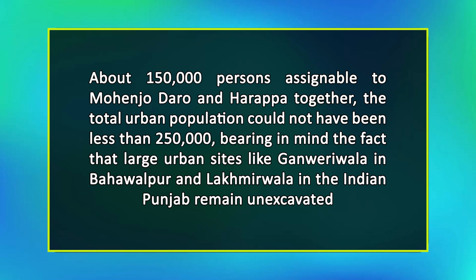Given a total of about 150,000 persons assignable to Mohenjo-daro and Harappa together, the total urban population could not have been less than 250,000, bearing in mind the fact that large urban sites like Ganweriwala in Bahawalpur and Lakhmirwala in the Indian Punjab remain unexcavated.